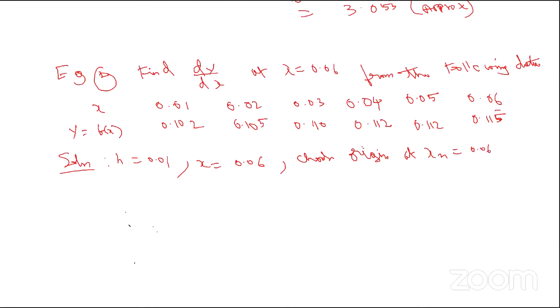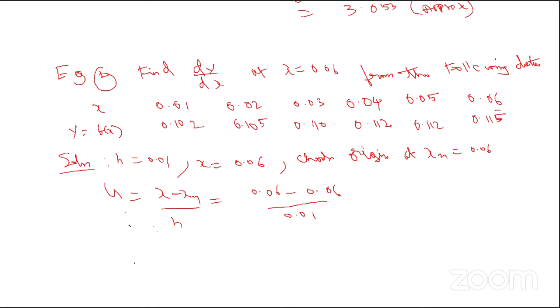So u equal to x minus xn, all divided by h, that equals 0.06 minus 0.06, whole divided by 0.01.